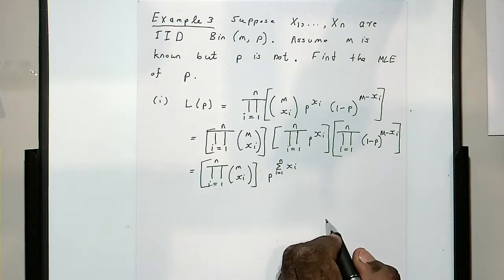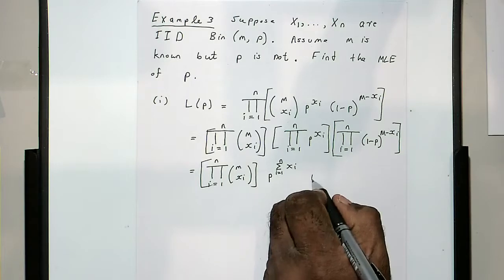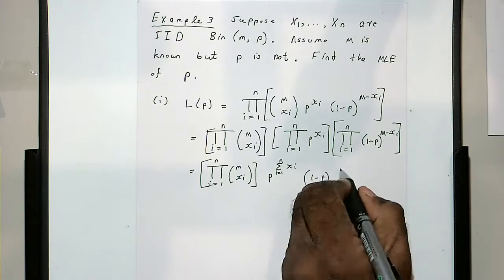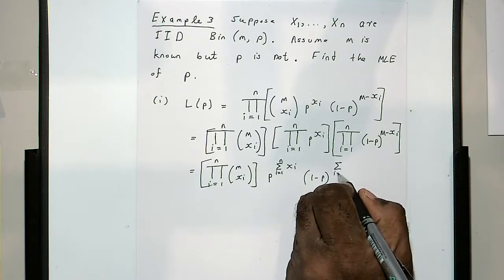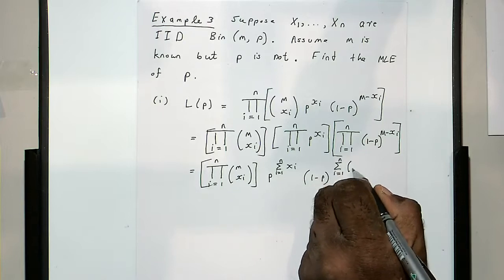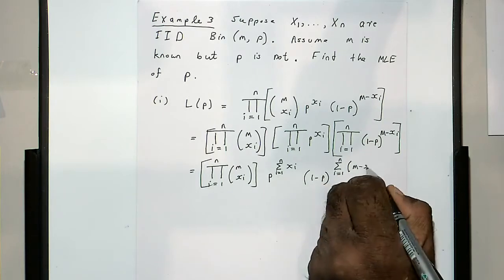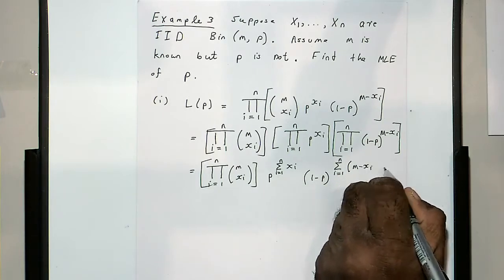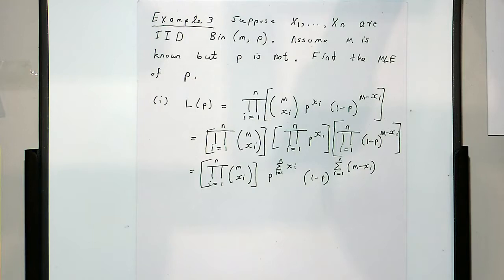And this one, 1 minus P times the sum of m minus xi, i from 1 to n. Hope you can read my writing.